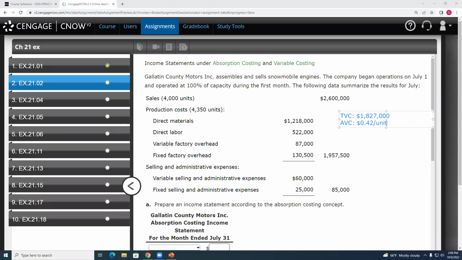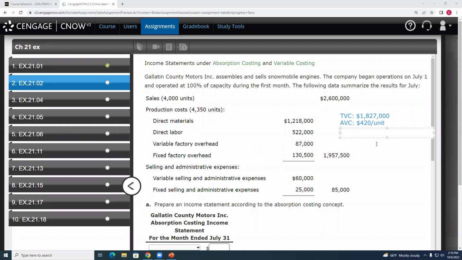Oh, whoops, not 42 cents. Sorry, I forgot that I was being conservative with my zeros rather than having to constantly plug in all those zeros. $420 per unit. So average variable cost per unit, $420.